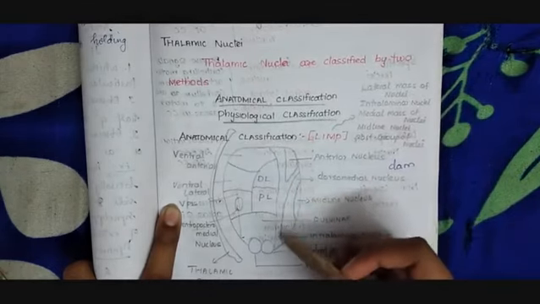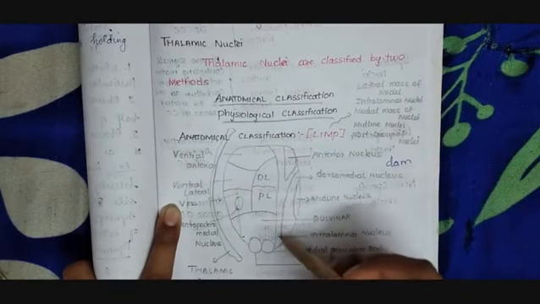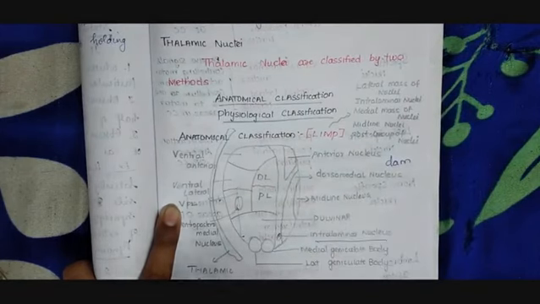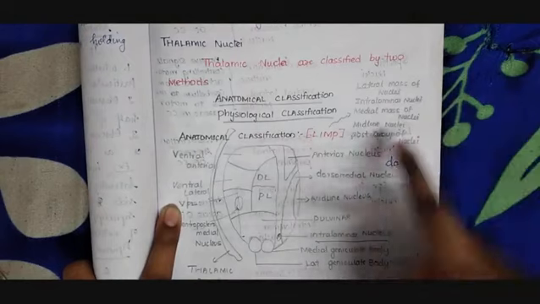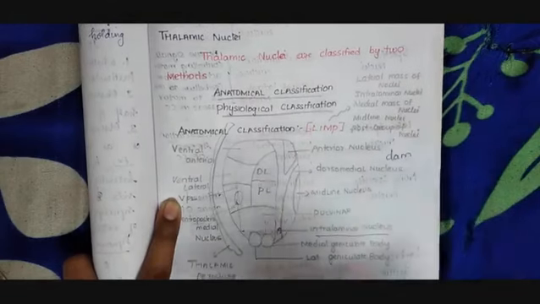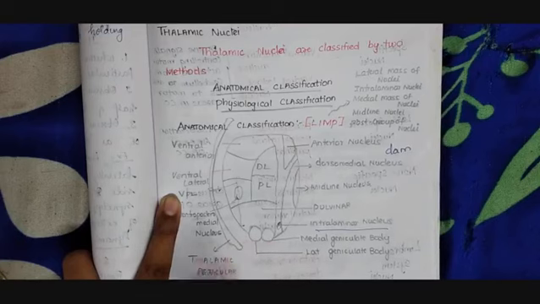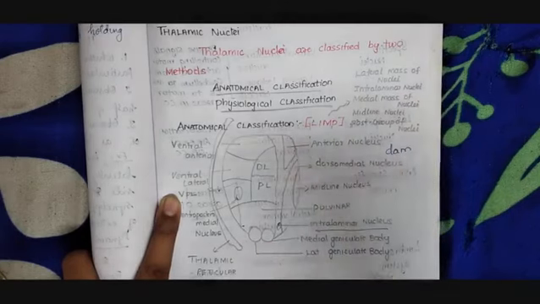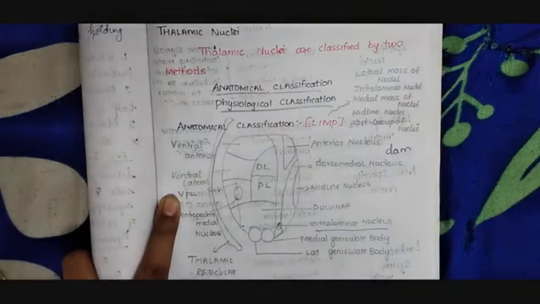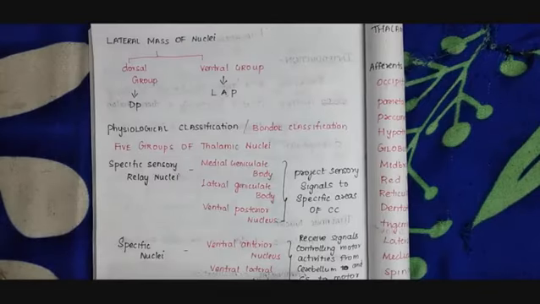And the intralaminar nucleus is present over this Y-shaped internal medullary lamina. Posterior group of nuclei are the pulvinar, medial geniculate body and lateral geniculate body.